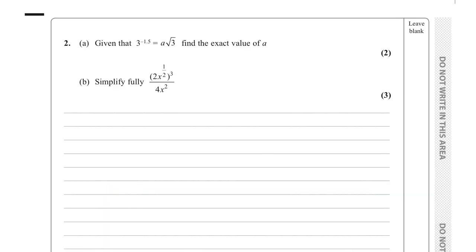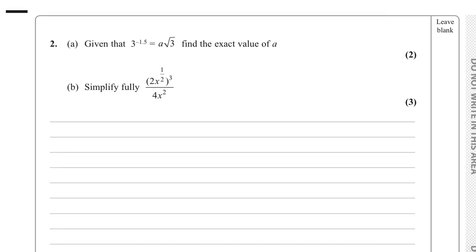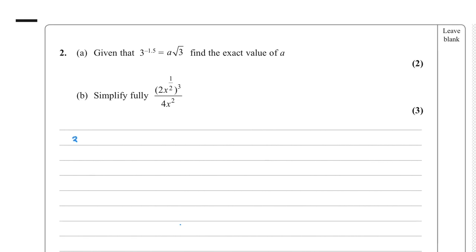Okay, so for the first part of question 2, we have 3 to the negative 1.5 equals a multiplied by root 3. Now we know that root 3 is in fact 3 to the power of a half.